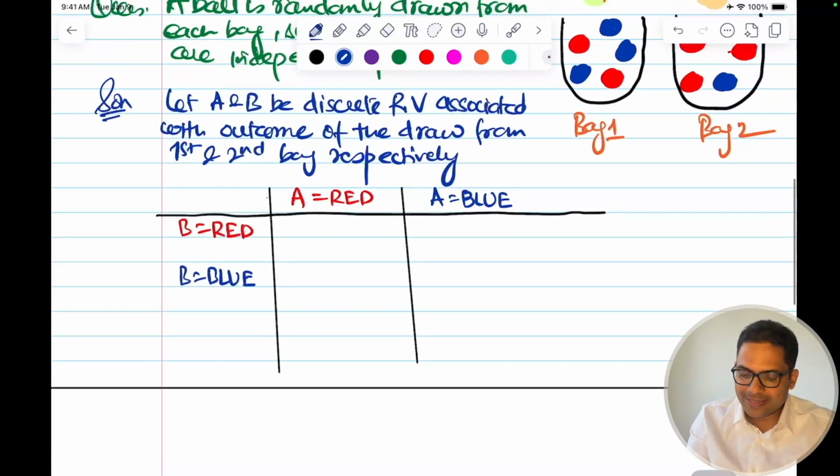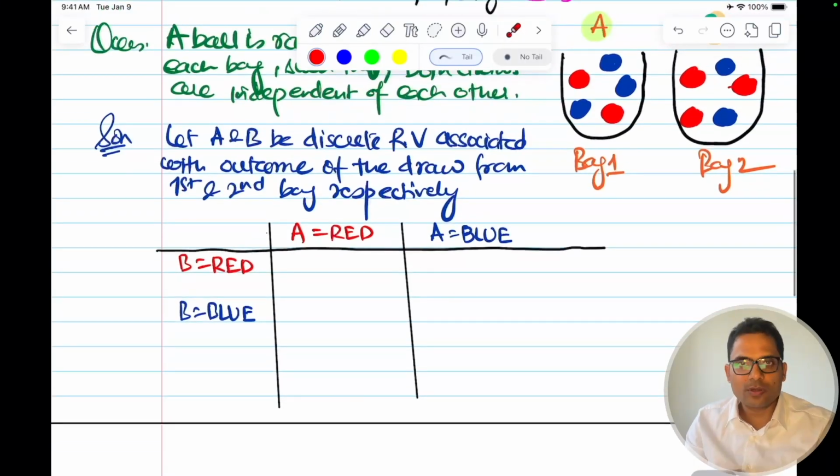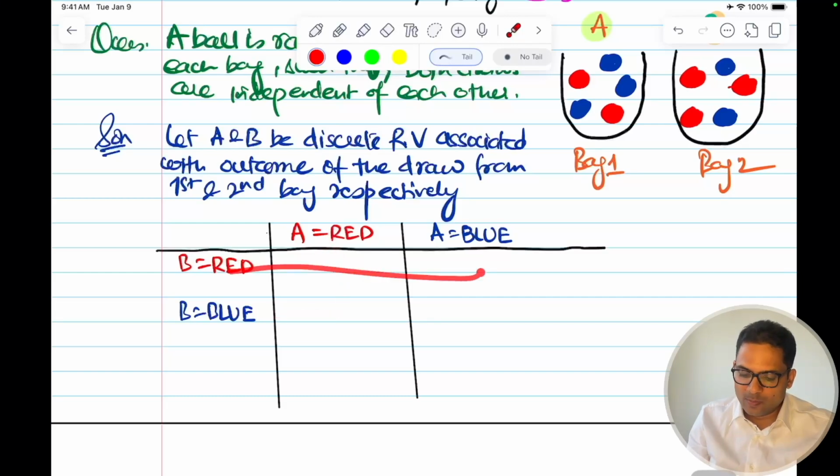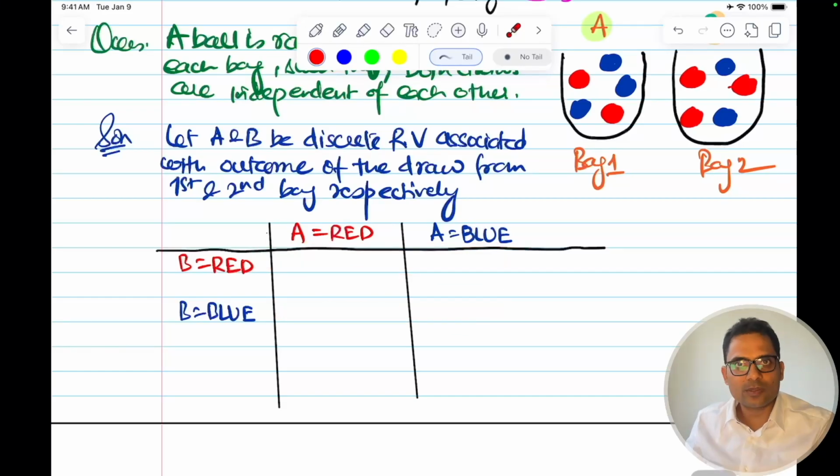So there are 2 draws: the first draw is for A and the second draw is for B. Either the first has a red ball and the second also has a red ball, or the first has blue and the second has blue, and so on, all four combinations: red red, red blue, blue red, blue blue. These are four combinations, and let's write down the probability of each of them.